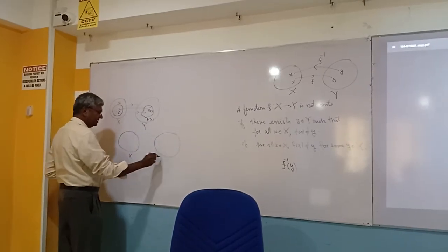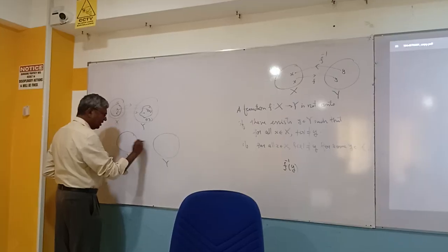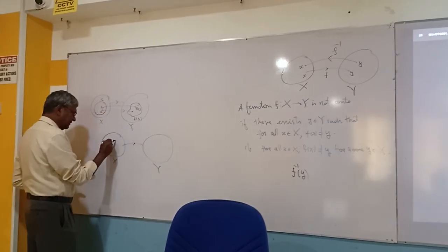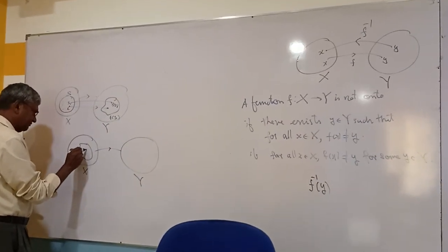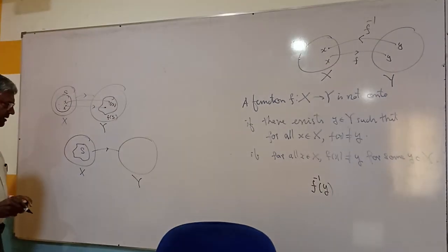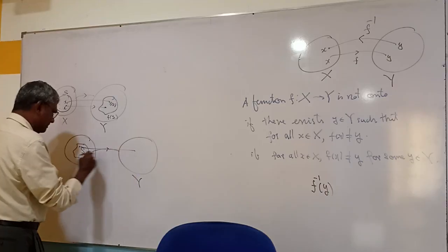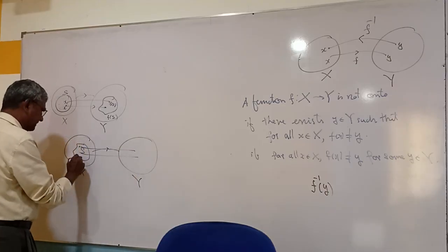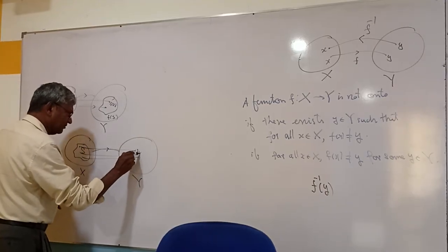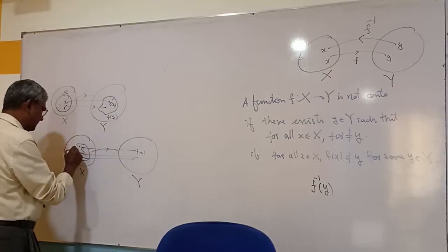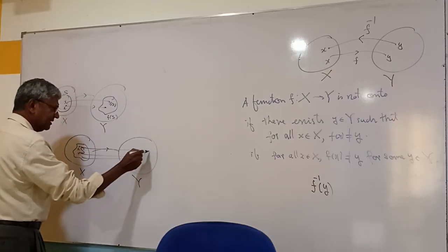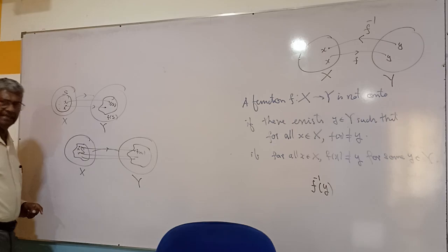This set is X, this set is Y, so you have a function f. If you take a set S here, which is of course non-empty, then you collect the images of the elements in the set: f(x1), f(x2), f(x3), and you make a set there.